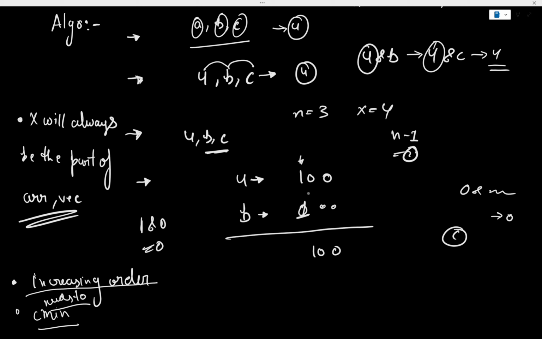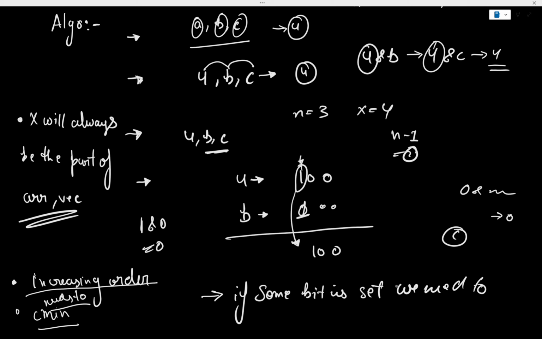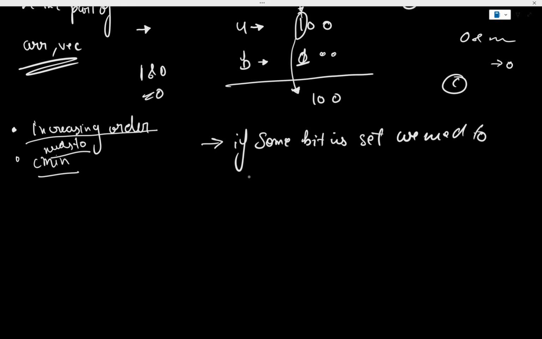That we'll decide, but it is for sure that if this bit is set, we need to get it propagated over here. If some bit is set, let's scroll down a bit, we need to get it propagated till the end. That is for sure.